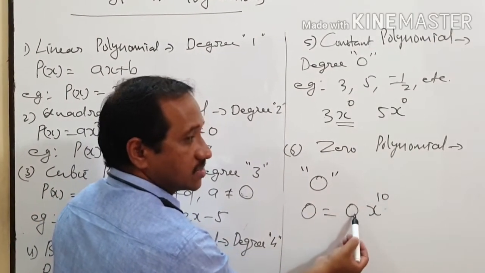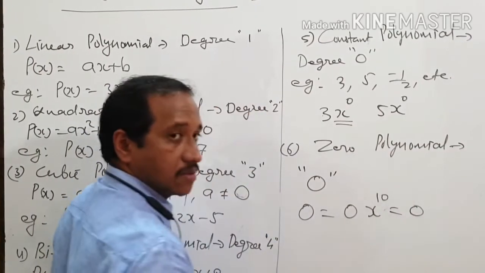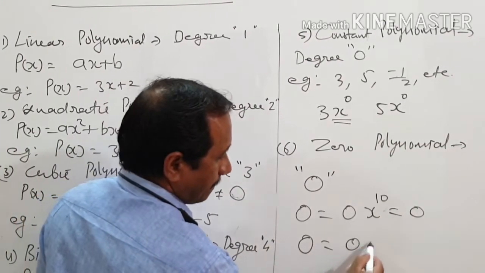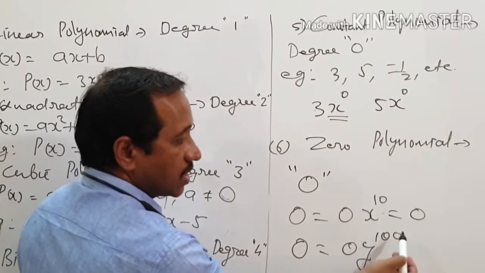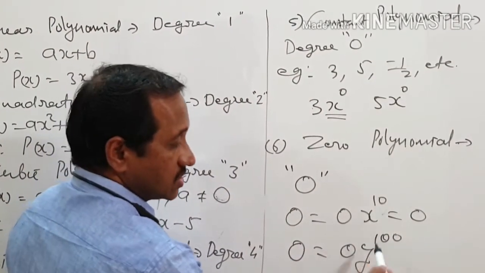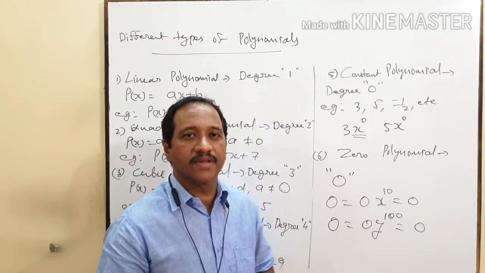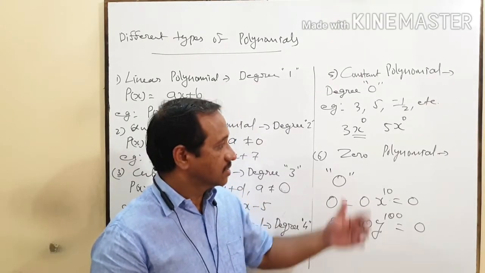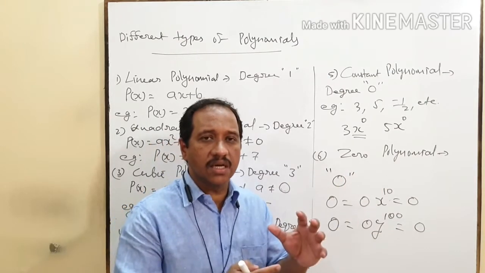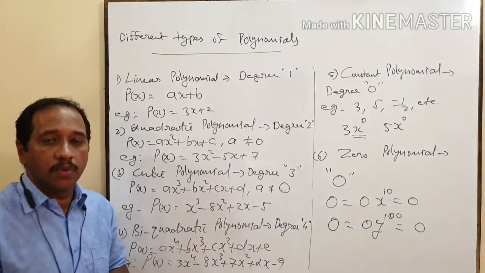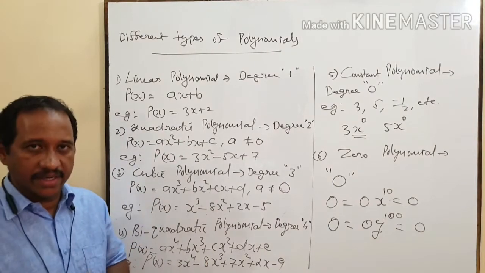X raised to 10 into 0, you will get a 0 back. Or 0 is equal to 0 y raised to 100. Here also answer is 0. Therefore, we can say that the degree of the zero polynomial is not defined. So these are the different types of polynomials based on their degree.